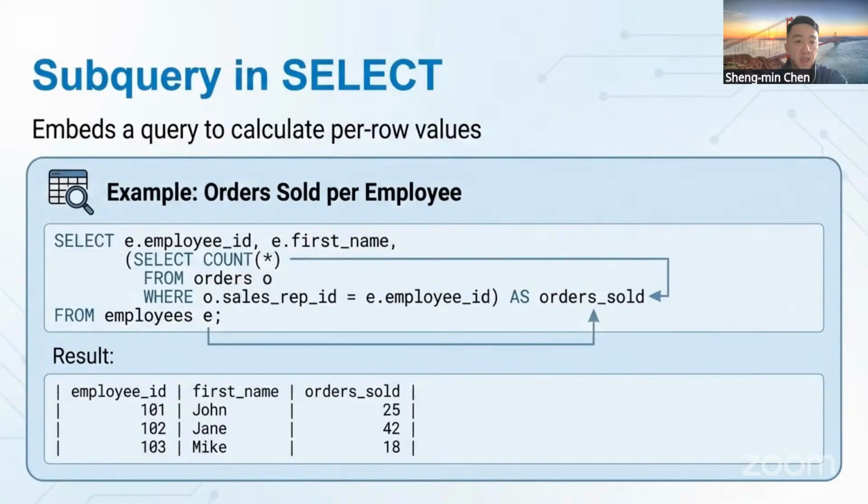In this case, it's counting all the orders an employee has sold. So it's not just by one person, it's all the sold orders. As you can see, it's trying to match the employee ID from outside of this subquery with the filter in the where clause.